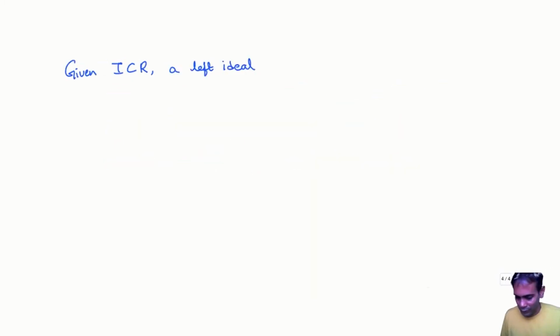Well, an obvious choice, if you think about it a bit, is to let V be the span of the row spaces of all the matrices in I. So you take all A in I and you take all i between 1 and n.